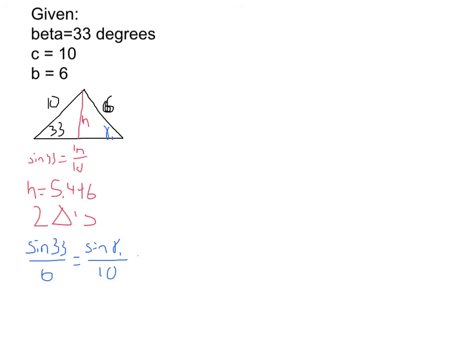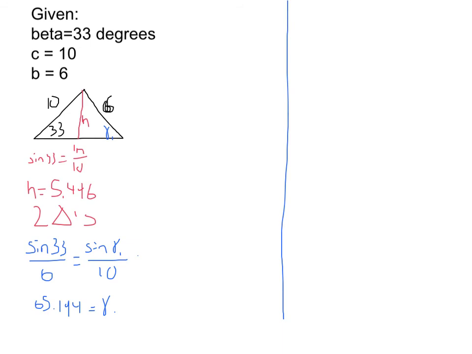And so as I solve that for gamma, which is the same as how I would solve it for beta, I get that 65.194 is equal to gamma 1. Now again, that's gamma 1. I know there's a second triangle.